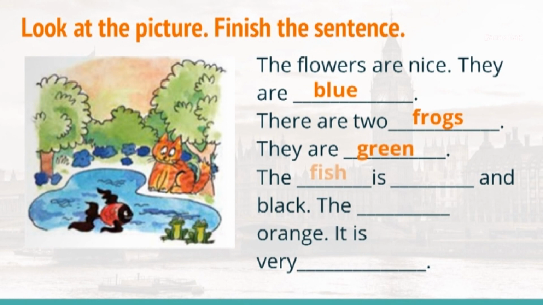They are green. The fish is red and black. The cat is orange. It is very nice. Blue, frogs, green, fish, red, cat, nice.